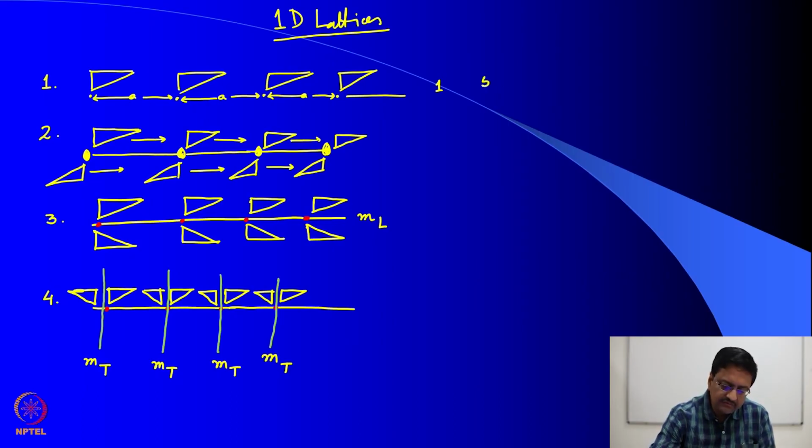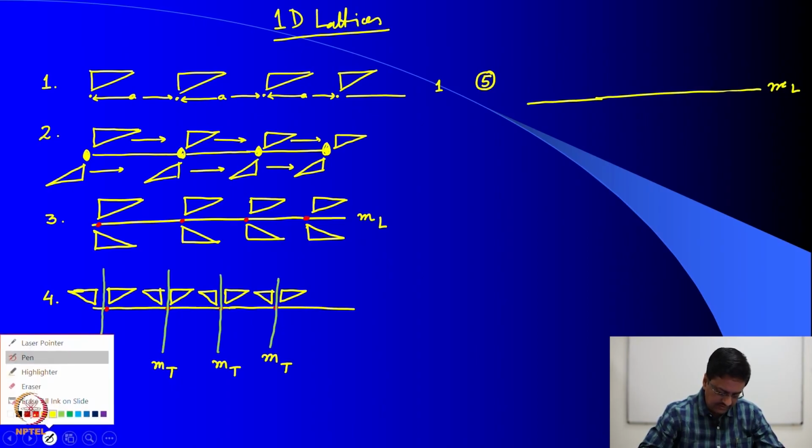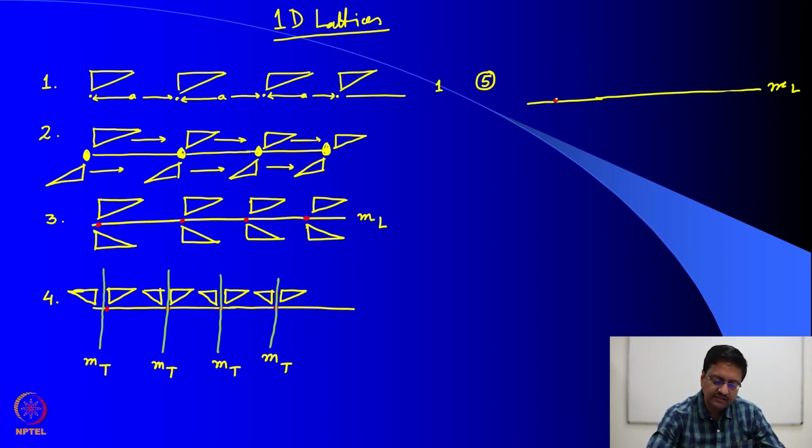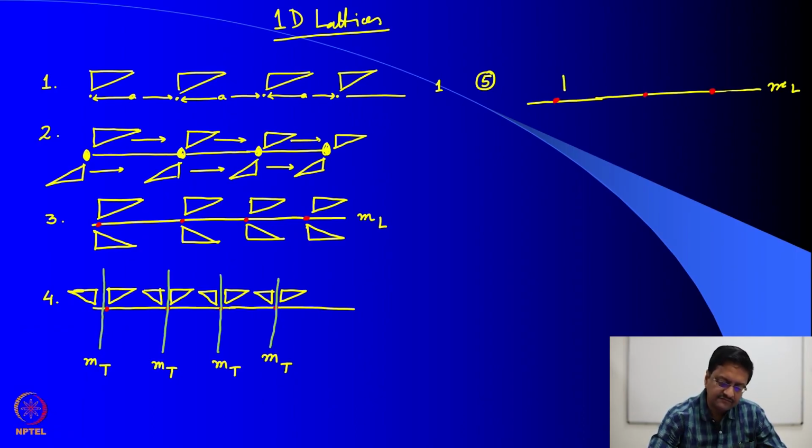The fifth type of 1D lattice can be considered when you have the combination of ML and MT. So this is my ML, and the translational components are at these points, and I am drawing the object first.